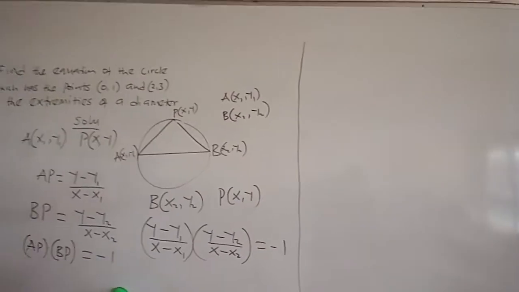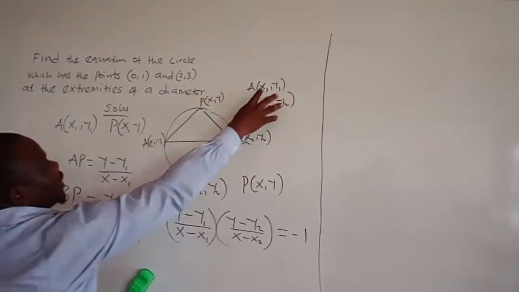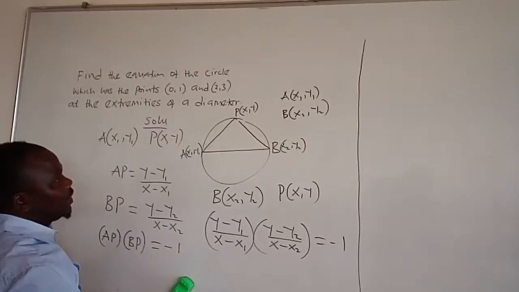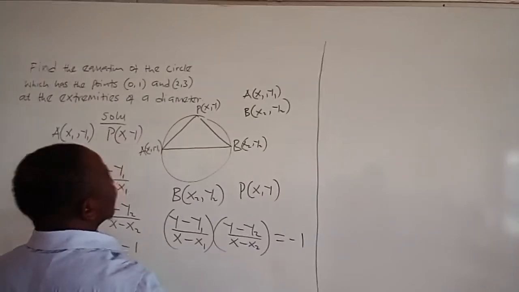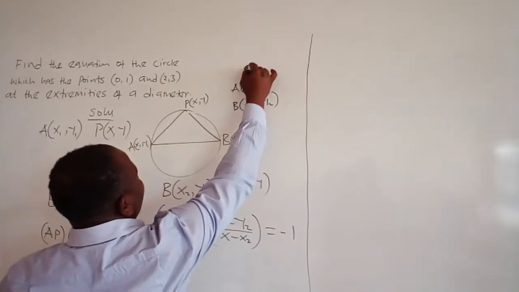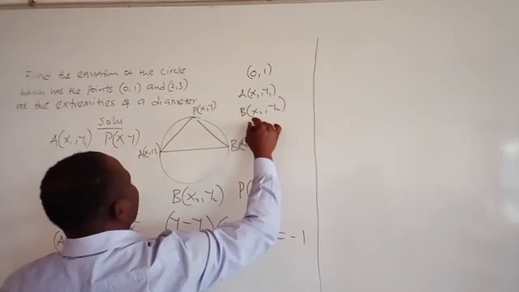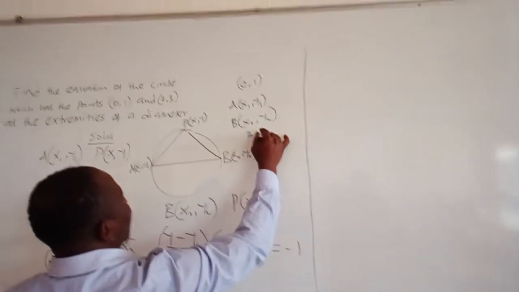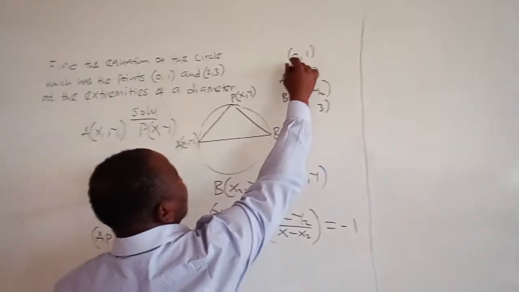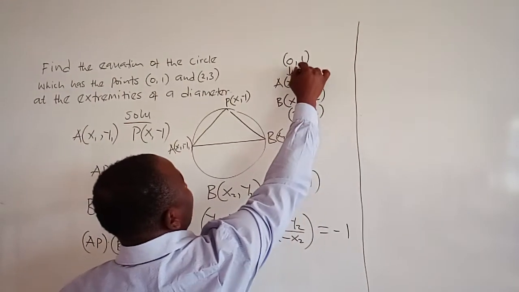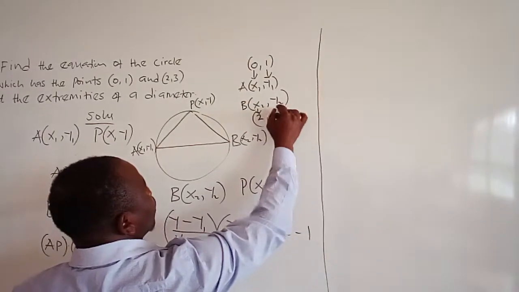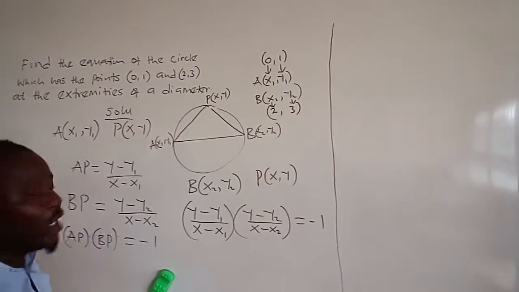So you compare this with this: 0, 1 and 2, 3. It implies that x1 is 0, y1 is 1, x2 is 2, y2 is what? 3. Do you agree with me?